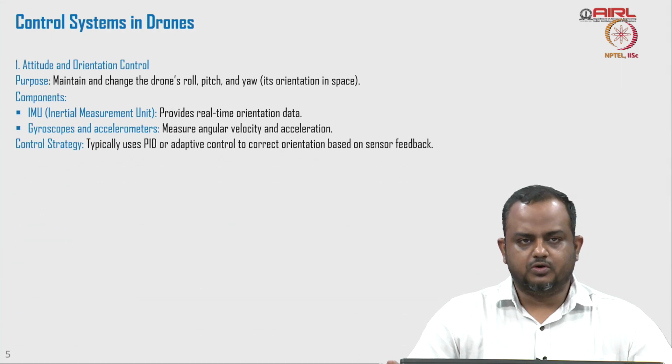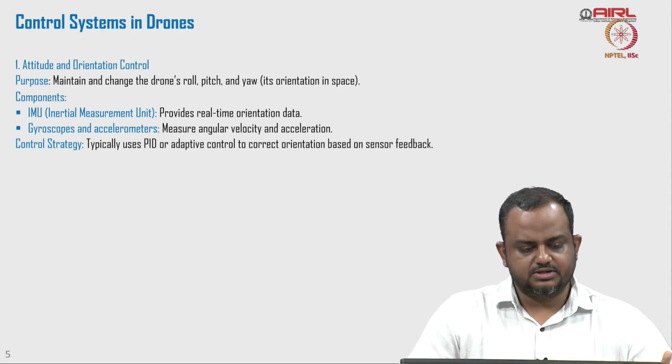Okay. So, when we talk about control systems in drones, what do we want to control? I will give some basic examples of what we want to control, then I will go into a much deeper notion. One aspect is attitude and orientation control, whose purpose is to maintain and change the drone's angles: roll, pitch and yaw.